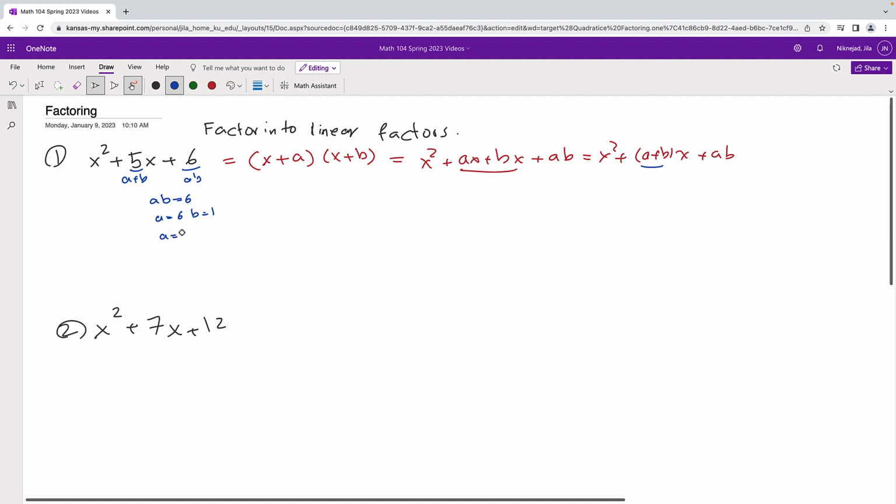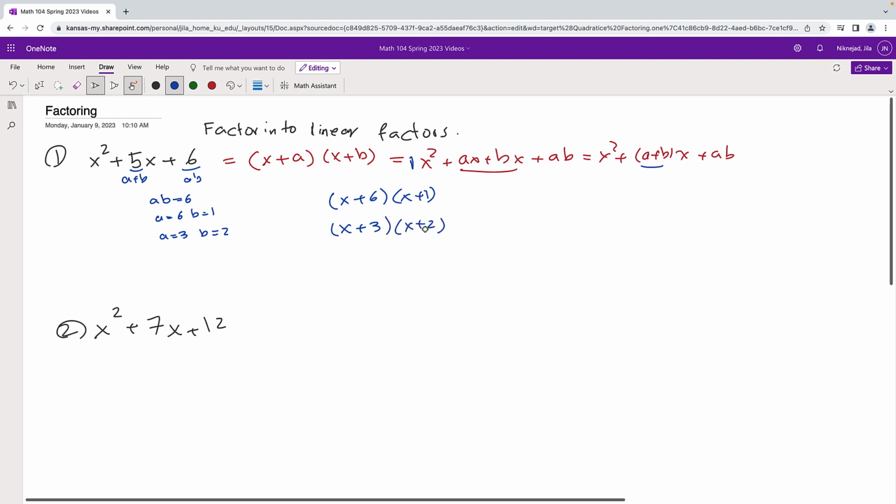Or I can get a to be 3, b equal to 2, or the other way around, because the coefficients of x in the factors are 1, so it doesn't matter if I switch a and b. So it seems like I will either have x plus 6 times x plus 1, or I will have x plus 3 times x plus 2.